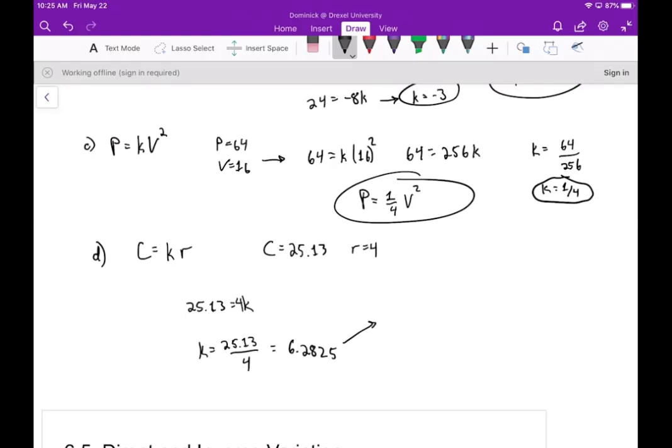So we're going to get that C is equal to 6.2825 times r, right? And this should look somewhat familiar because we know that if you wanted to get the circumference, you would just take 2 times the radius and multiply that by pi. So this is 2 pi r. And if you look at 6.28, that looks about what 2 pi is, right? So you get 6.2825 here.